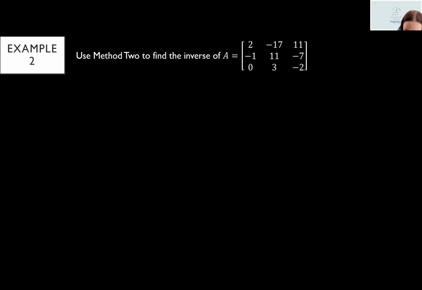Method 2, our first step is to set up a matrix of A, and then the identity. So we're going to end up with a very long matrix. First I just copy my A matrix.